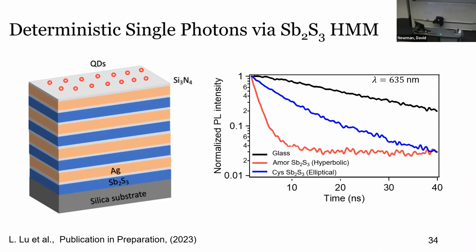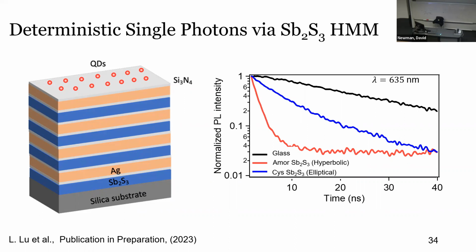And this is kind of interesting for single photon sources. In single photon sources, if you have a single quantum dot, you don't know when it's going to fluoresce. It could fluoresce at any point within a certain distribution of time. But if you can charge up the material, put it into an excited state in a normal elliptical material, and then switch it very quickly into a hyperbolic material, the emission should happen just after you switch it.